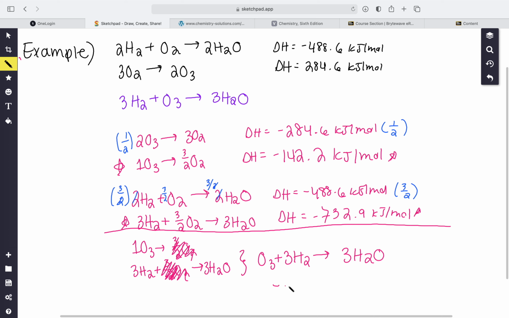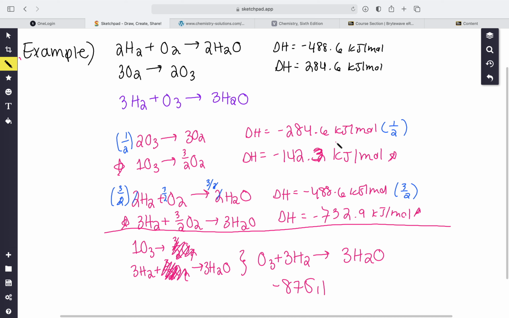so I got negative 875.1, but I feel like I'm messing something up there. Did I scale something wrong? 284.6 divided by 2, 142. Okay, well this should be a 3 apparently, which makes sense. So I don't think that would have messed up the number so much though. 488.6 times 1.5. Okay, so maybe that's all it was.